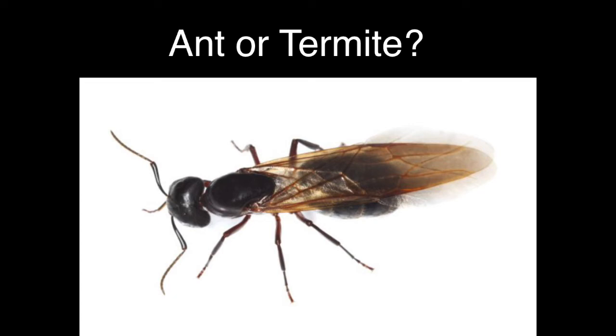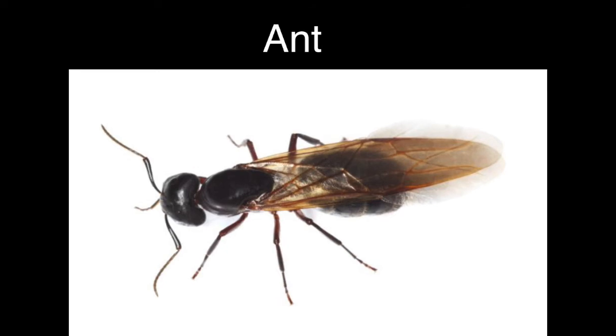Okay, so with that being said, let's take a look at this. What does this look like to you? Is this an ant or a termite? Okay, so this is an ant, and you can tell clearly by the antenna.